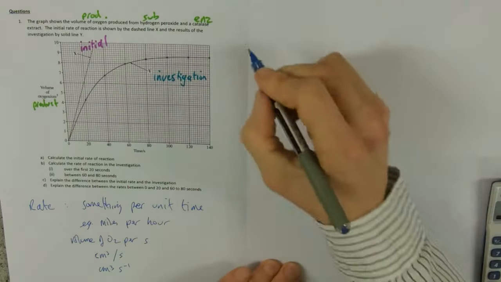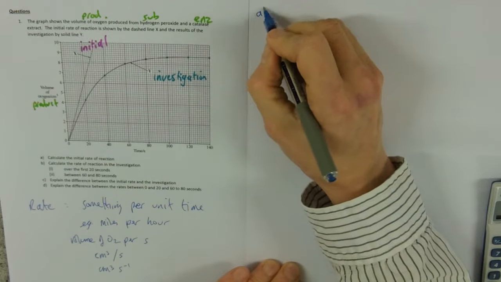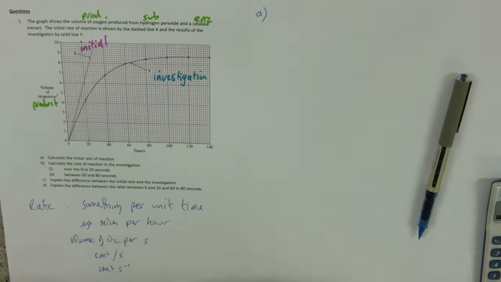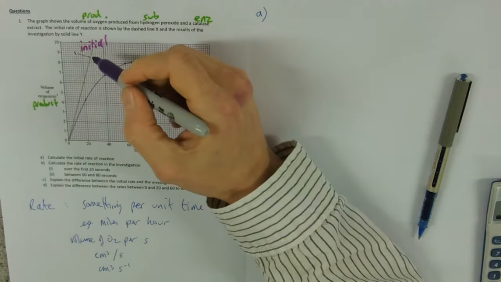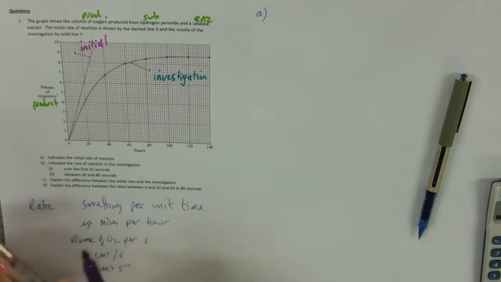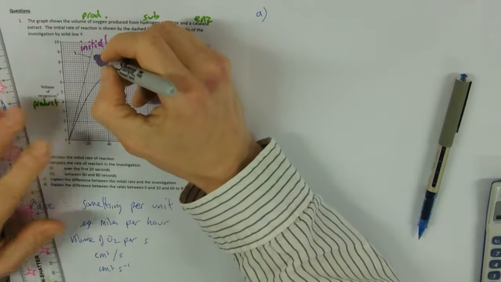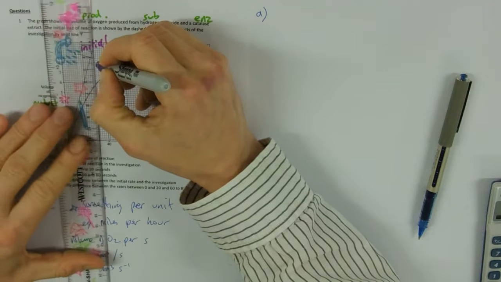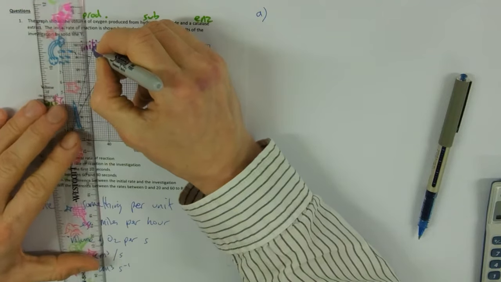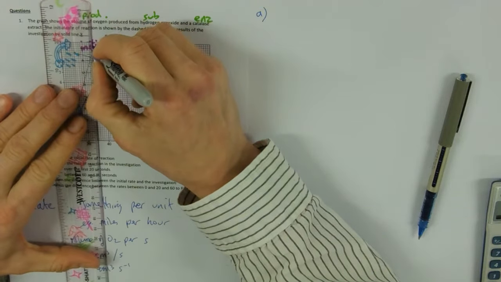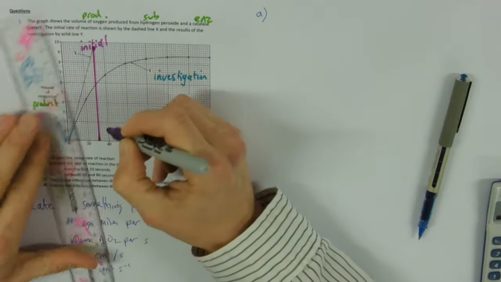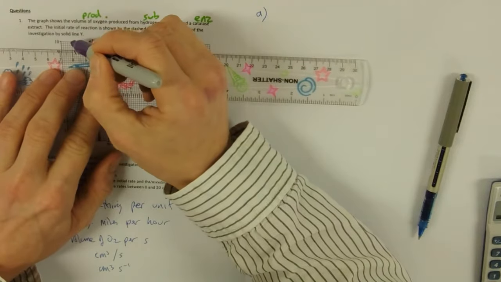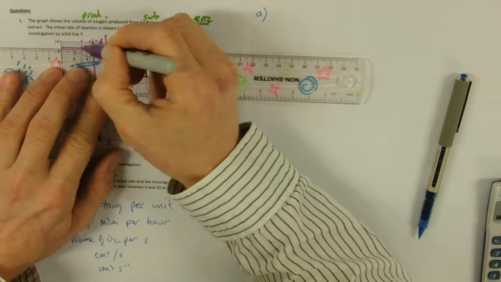And so we've got part A, the initial rate. So that's our purple there. We could measure this anywhere on here, but it's possibly easiest to make a triangle at the end of this. So that's going to go down there, and we're going to put it across.